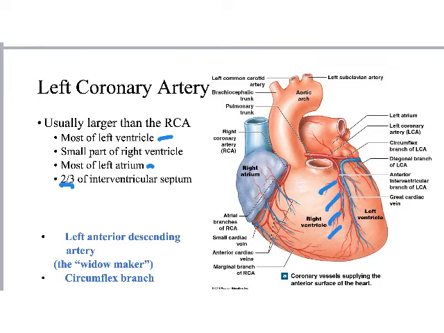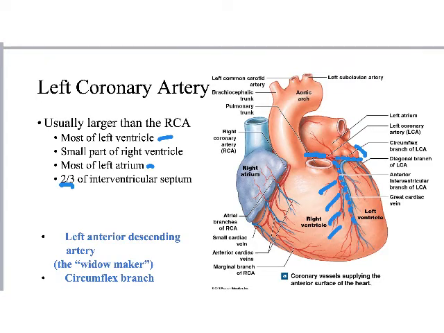There are a couple of branches that you need to be aware of on the anterior view. So here's the left coronary artery. It's going to throw off a circumflex branch that goes around the backside of the heart, and it's going to throw off a left anterior descending branch. It should be easy to remember because it's left, it's on the anterior view, and it's descending from the top of the heart down to the bottom of the heart.